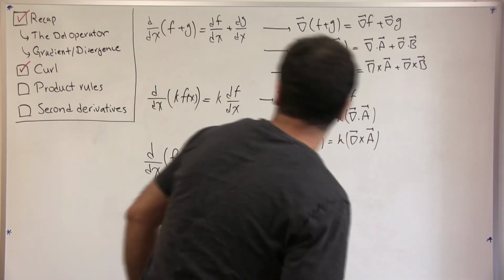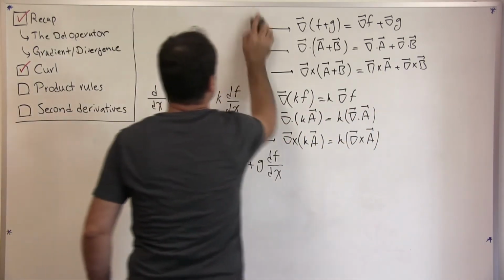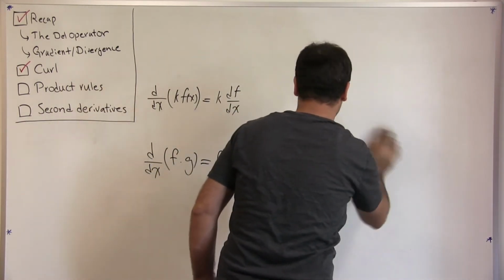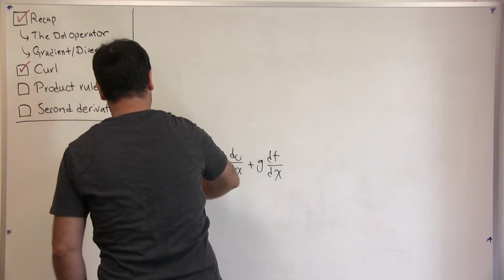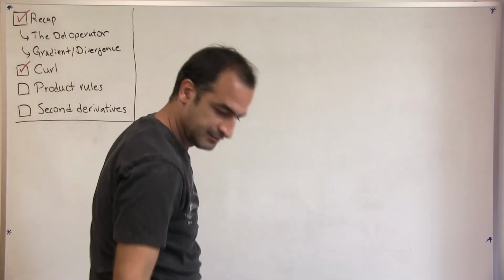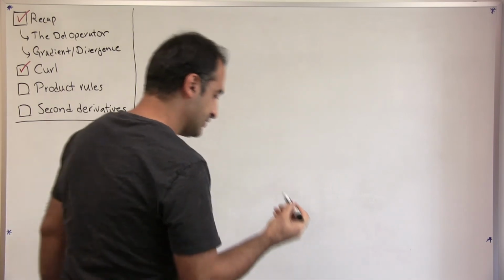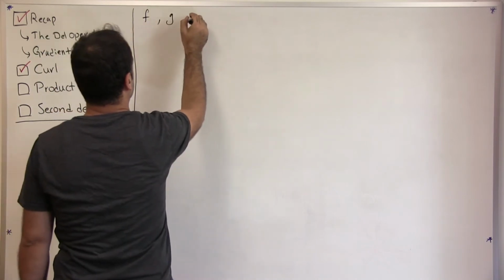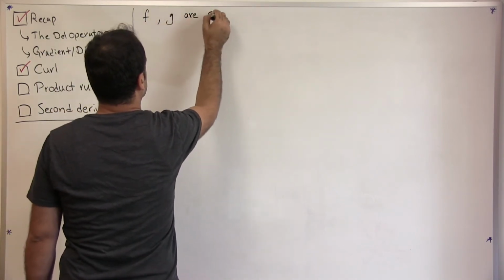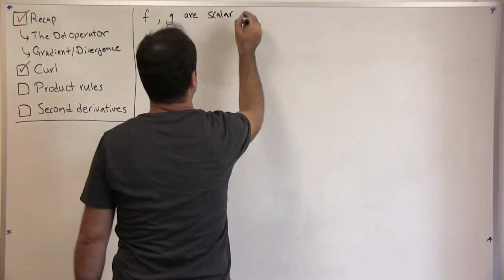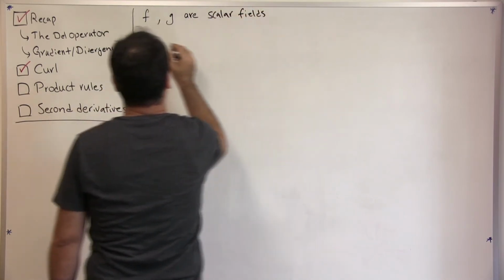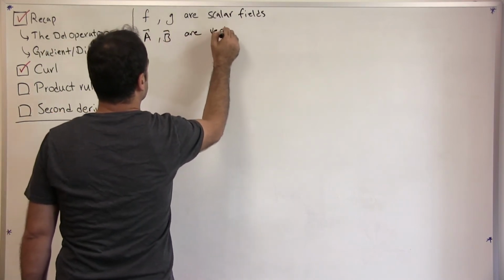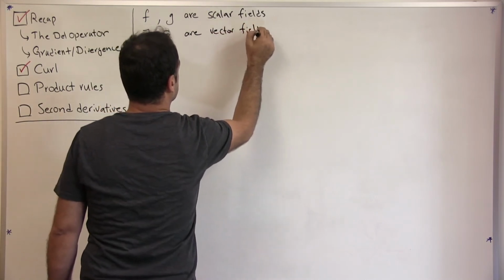So let me erase these because I need the whole board. Okay, I'm going to show different ways. Imagine F and G are scalar fields. A and B are vector fields.